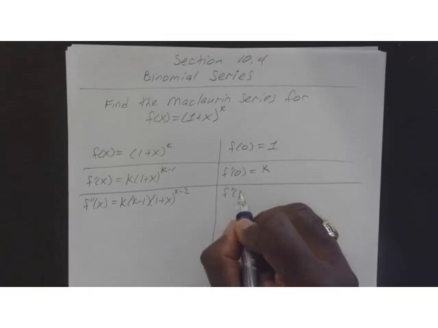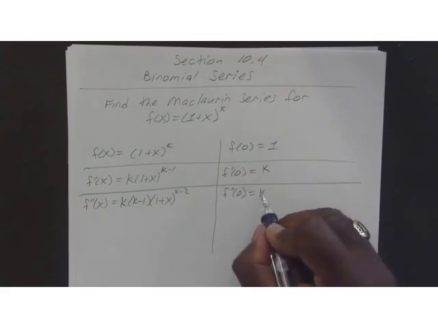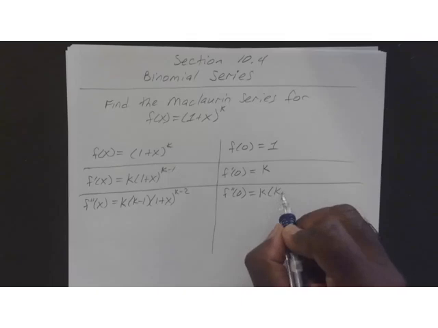So the second derivative at 0 is just equal to k times k minus 1 times 1 plus 0, which is 1, to the power of k minus 2. It's just k times k minus 1.